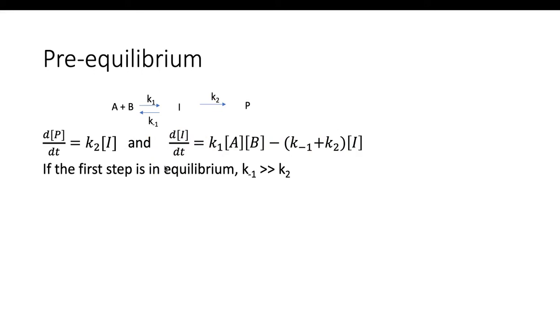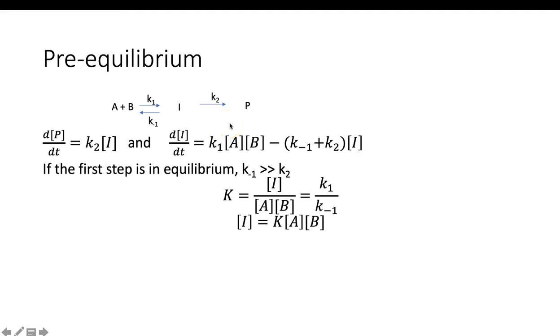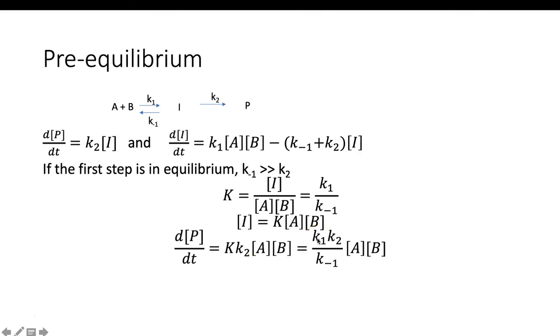And if we allow the first step to go to equilibrium, so that means the reversible process is so much faster than the production of product, then we can set up a thermodynamic equilibrium for the first step, if you will. So when we have products over reactants, or the ratio of the rate constants, K1 over K minus 1, we know I at any time is our equilibrium constant times AB.